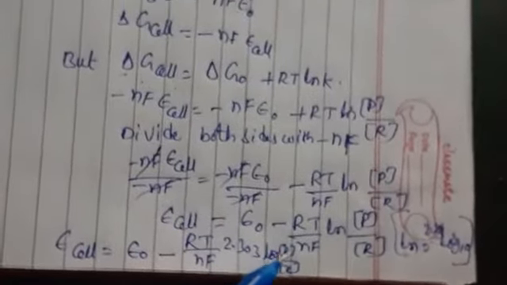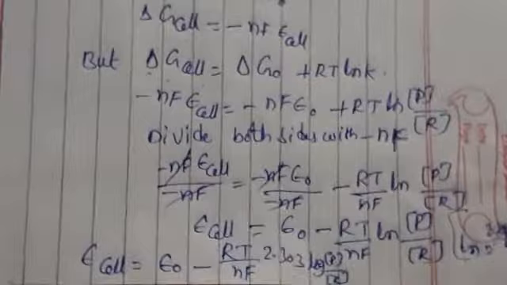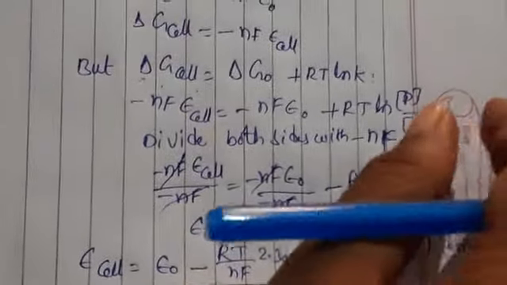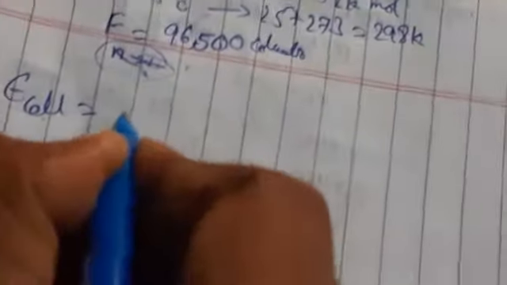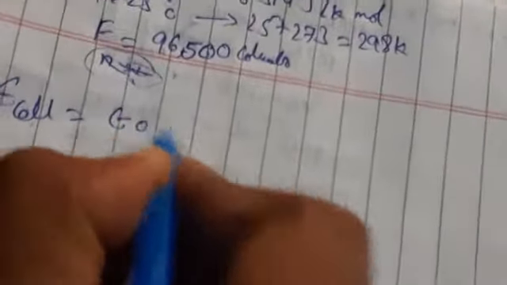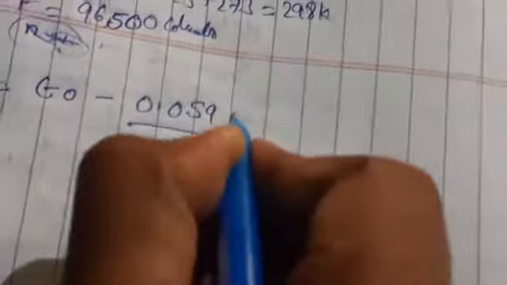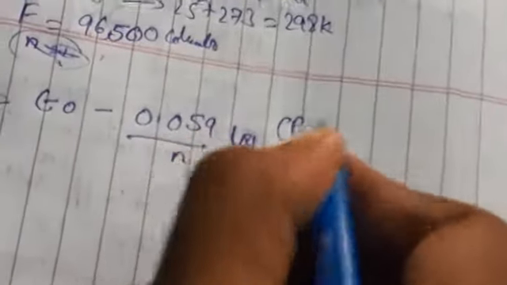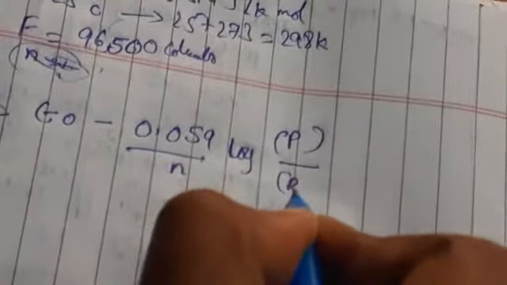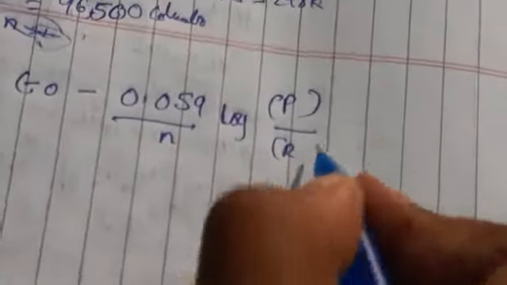So in this equation, if we substitute, we get E cell is equal to E naught minus 0.059 by n log products by reactants.